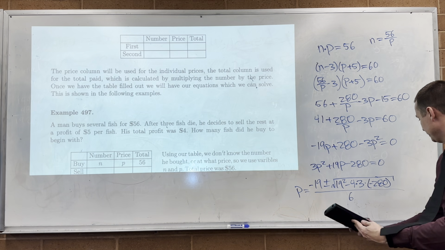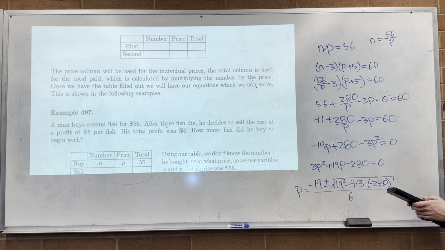Really quick, figure out this number. So we got 4 times 3 times 280 equals that. We have 19 squared, that plus that, equals 648. Square root of 648 does not come out evenly.